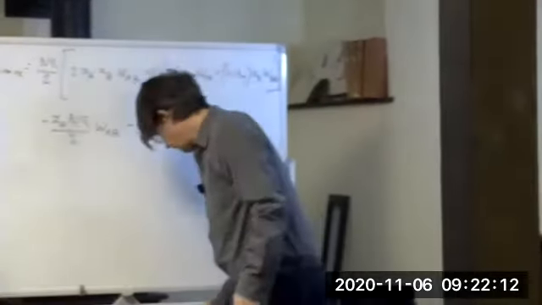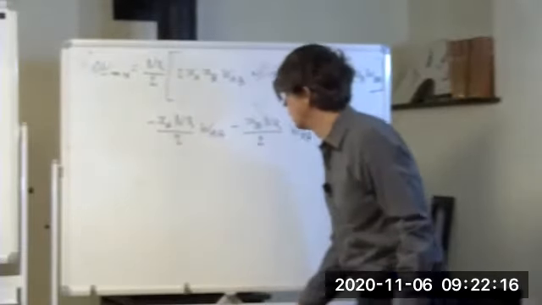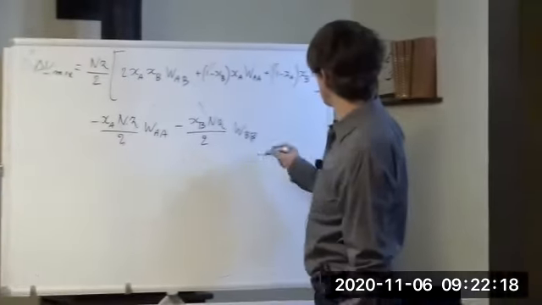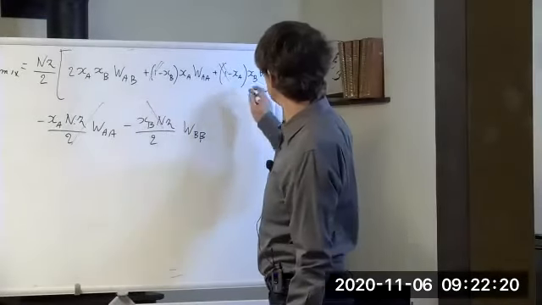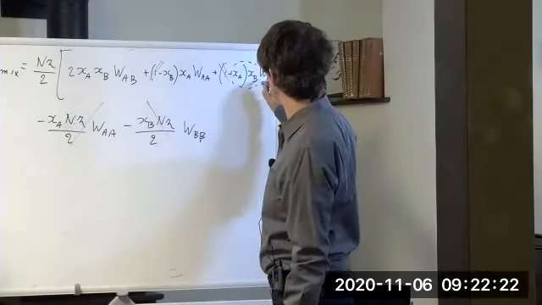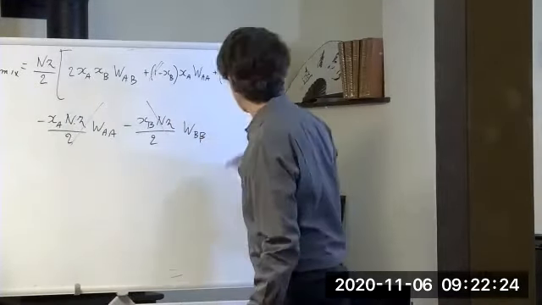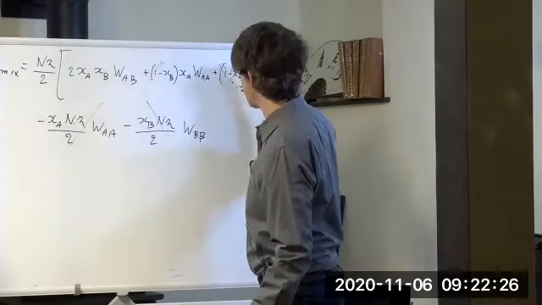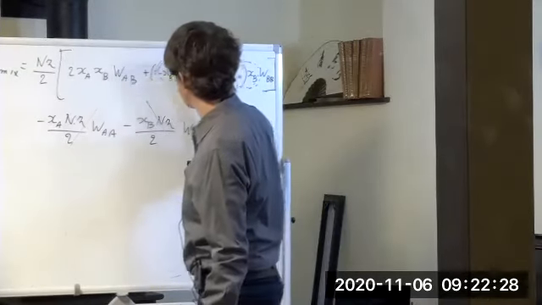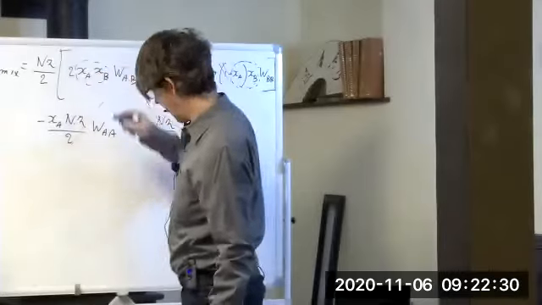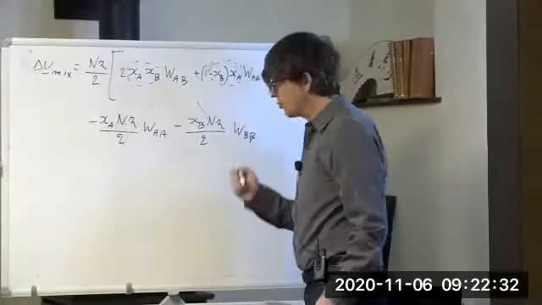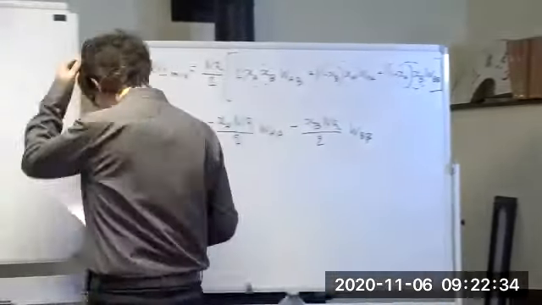And what I end up with is something that makes sense. I end up with only quadratic terms in XA, XB. So this one survives here. Sorry, this one and this one. And you'll see in a second that makes sense because I can only end up with a quadratic.